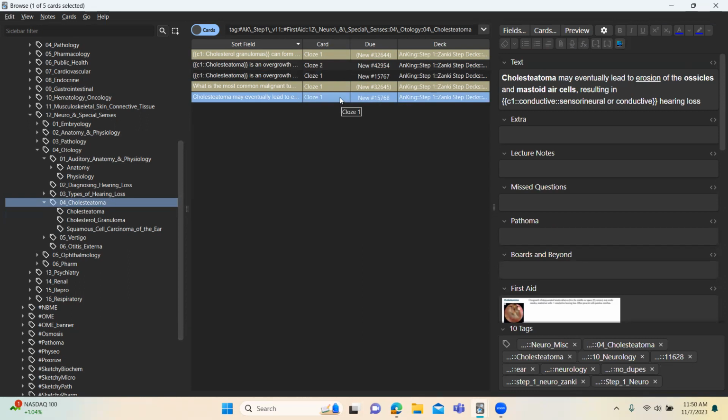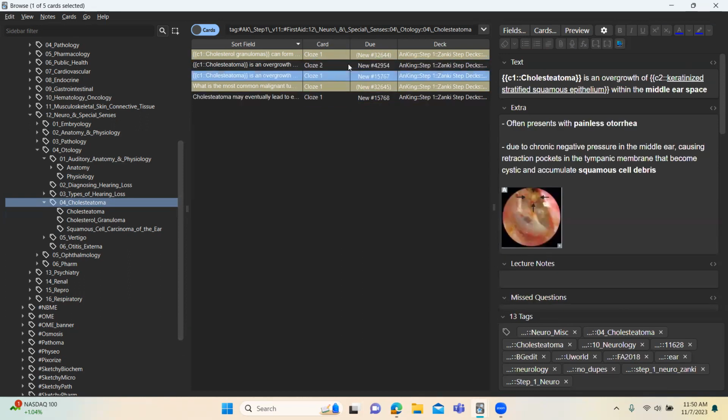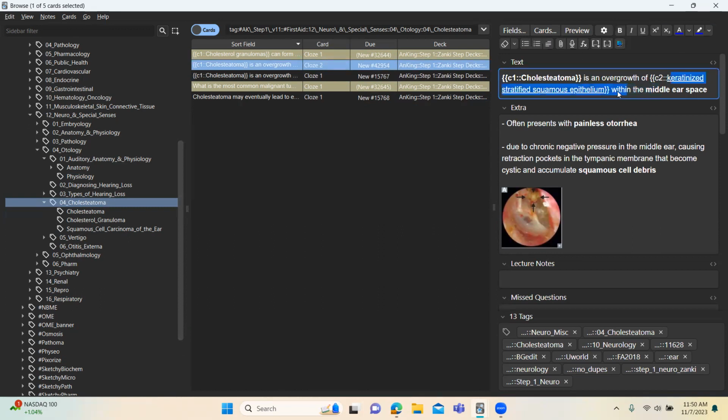The fifth one, it's good the way it is. The second and the third, when you looked, will have a different term here. It will say something like desquamified keratin debris. But our PowerPoint and what online research says right now, it is keratinized stratified squamous epithelium.